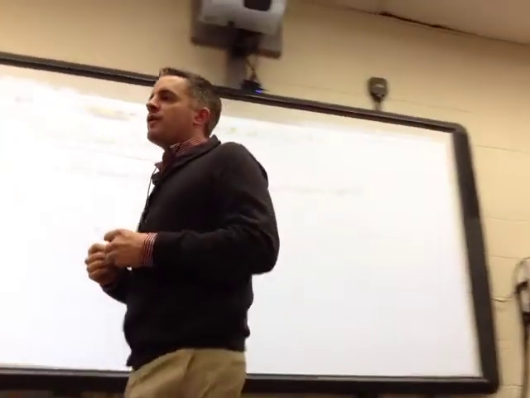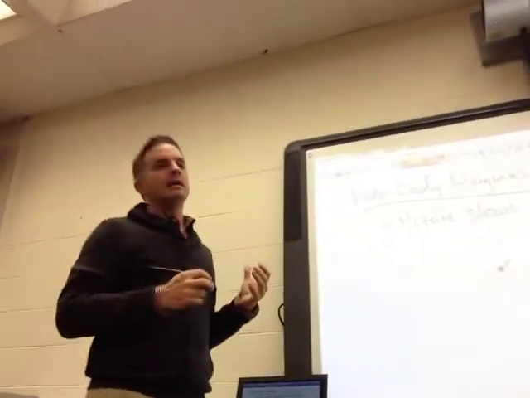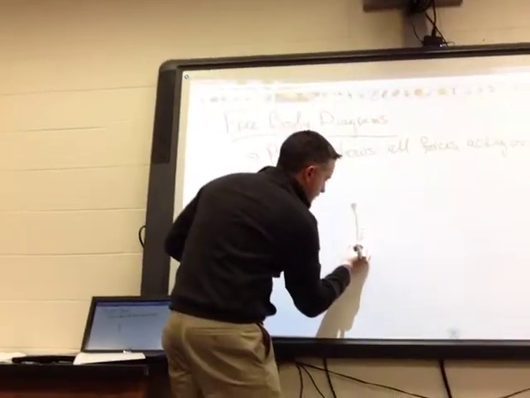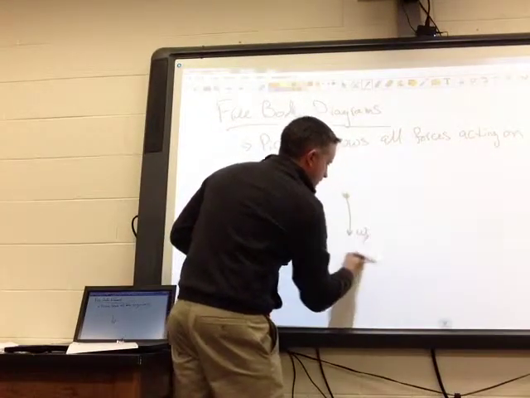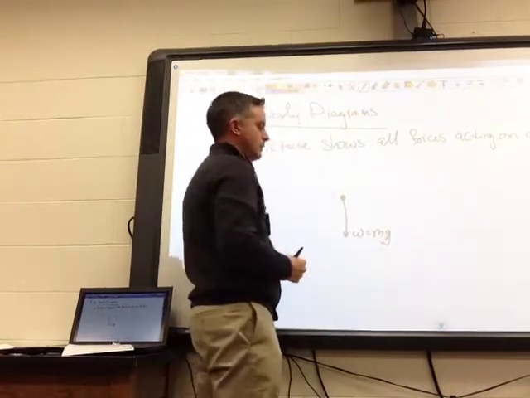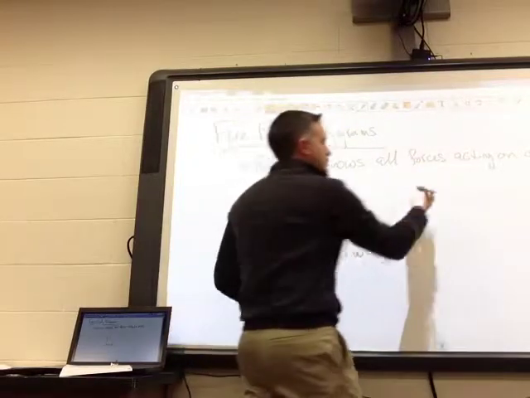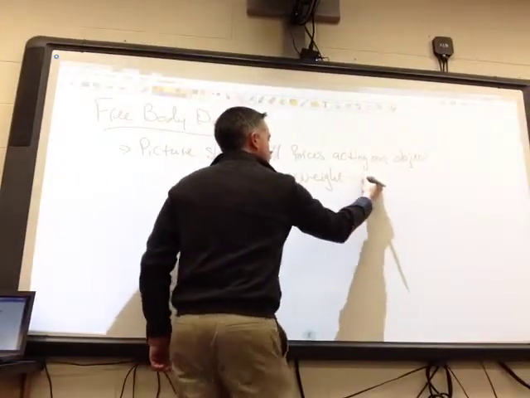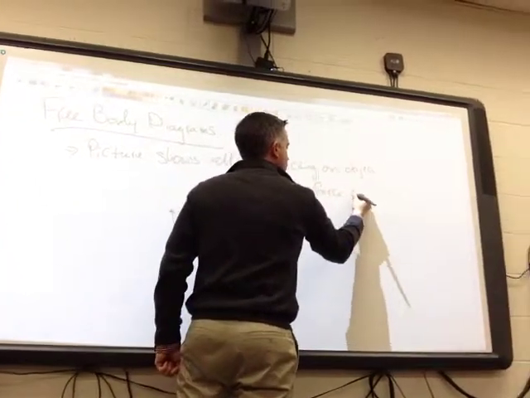All right, the first force that we can look at, and every object should have, it needs to have, is weight. Okay, now weight always goes straight down. Okay, so weight is a force because of an object's mass.